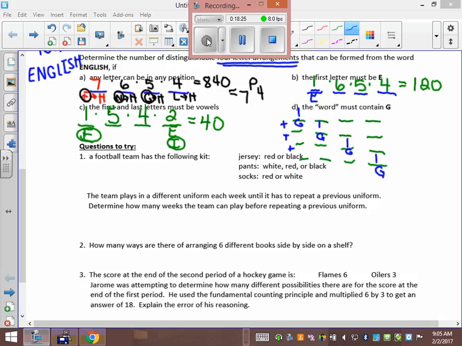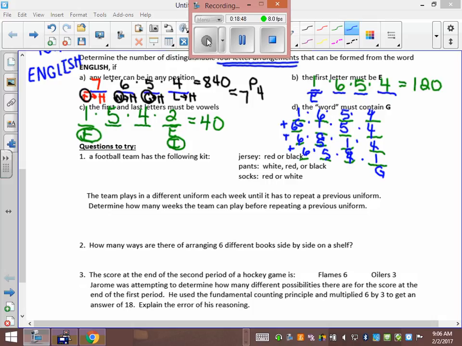And now I've used up 1 letter. So how many do I have left? 6, then 5, then 4. 6 letters, 5 letters, 4, multiply, multiply, multiply.